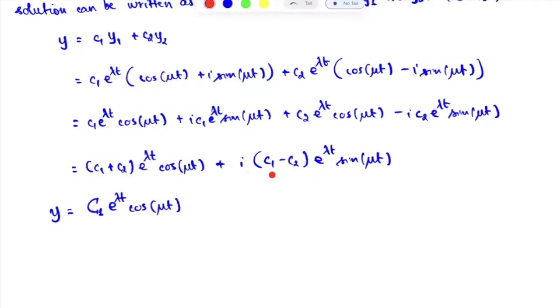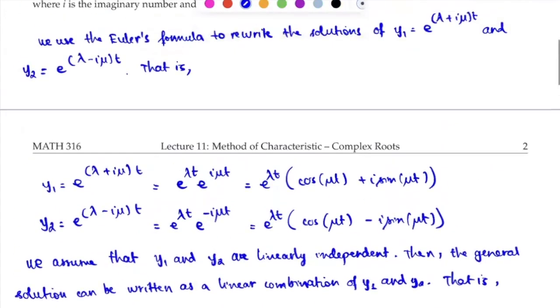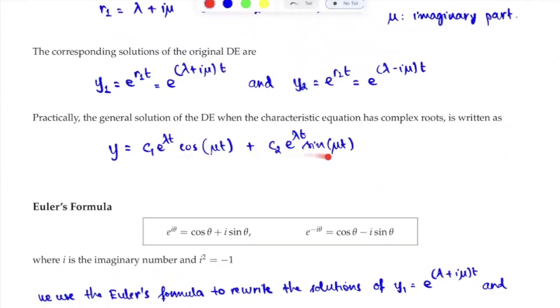Now for the second term, again, c1 is a constant, c2 is a constant, so c1 minus c2 is a constant. And multiplying that with i, even though it's an imaginary number, is still a constant. So I'm going to substitute capital C2 in the place of i times (c1 minus c2), times e to the lambda t times sine of mu t.